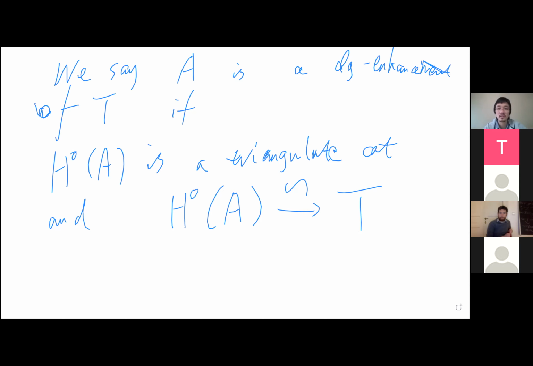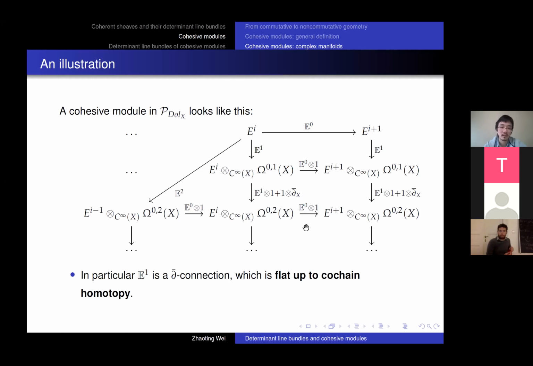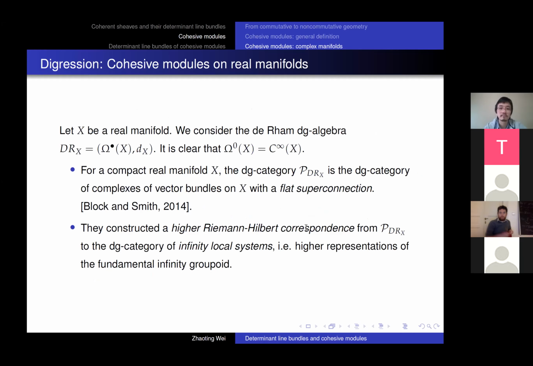Okay, so go back to the slides. There's a little digression. Of course we can consider a real manifold and consider the de Rham DG algebra, then what we get? Actually, there is a result also by Block and Smith.